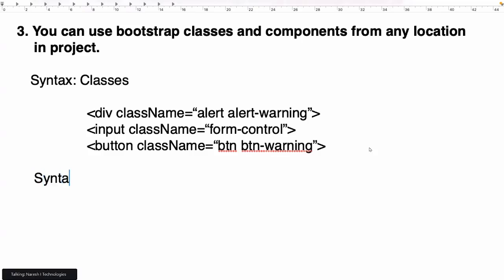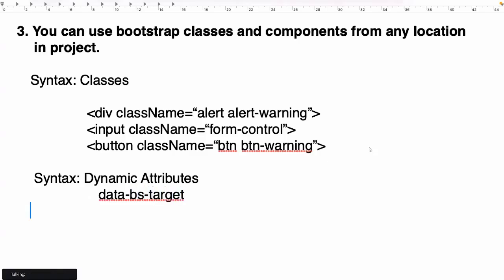So we have a syntax for some dynamic attributes. They are used for closing, opening, like options. Dynamic attributes. You have some attributes like data-bs-target, data-bs-toggle, data-bs-dismiss.